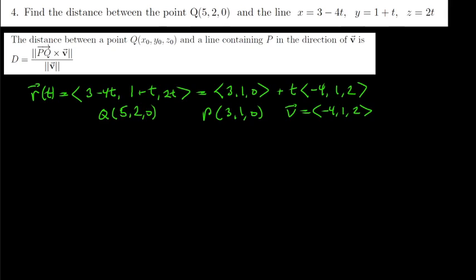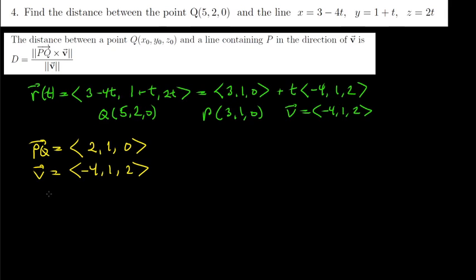So what do we need? We need the vector from P to Q, right? You could use the vector from Q to P. It doesn't matter here. So this is going to be 5 minus 3 is 2, 2 minus 1 is 1, and 0 minus 0 is 0. And then the vector v, we got that from the coefficients of t, again, so -4, 1, 2.